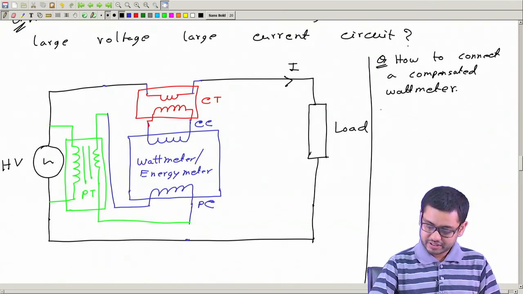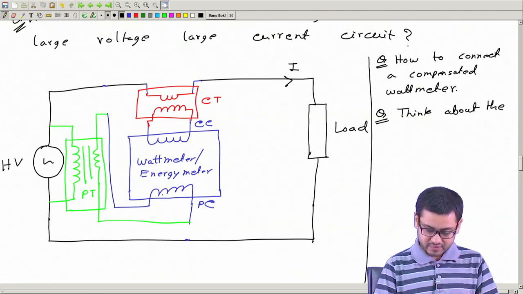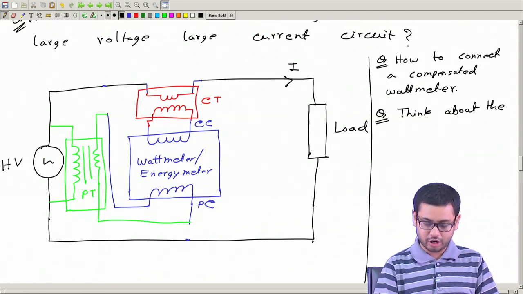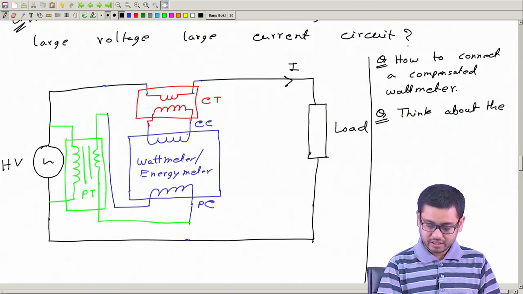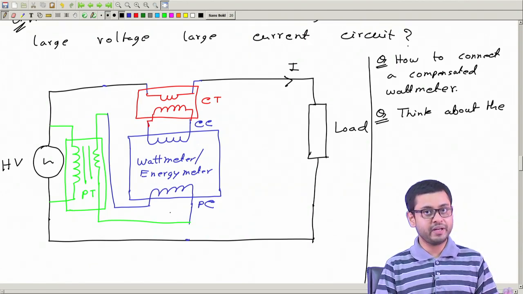This is one question. Then also think about the plus minus sign, or the direction, of how to connect this current coil and the pressure coil, because the reading may come out to be negative.